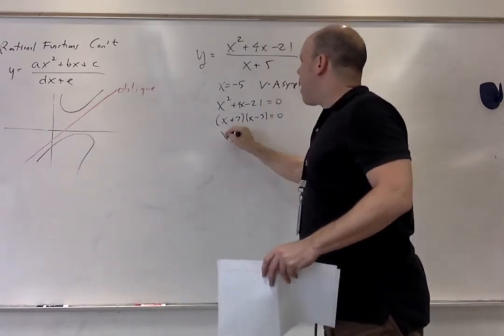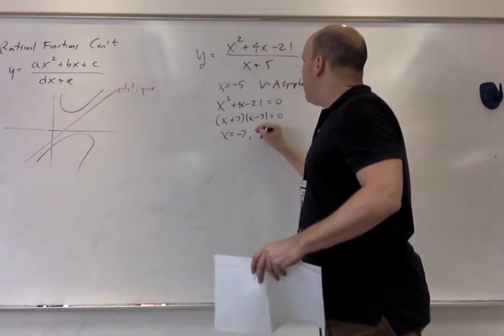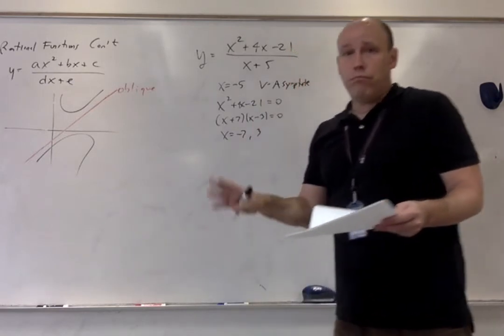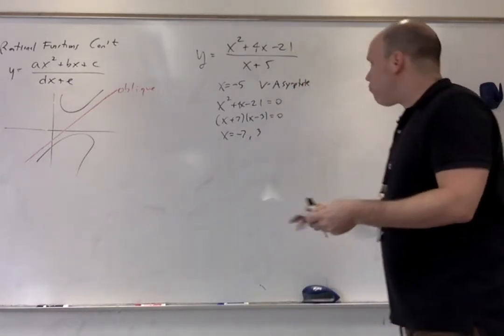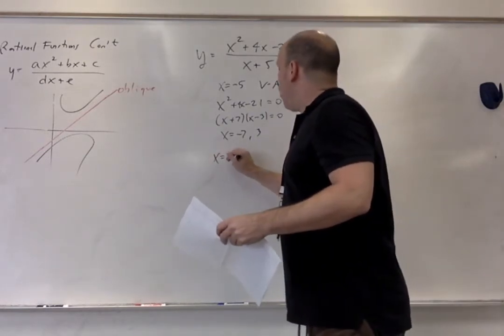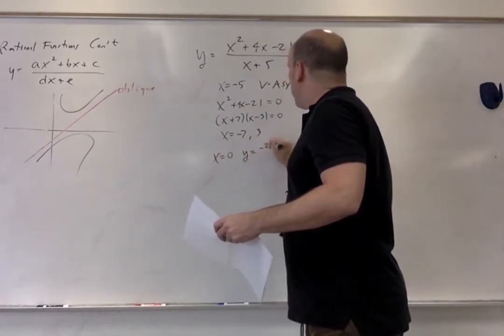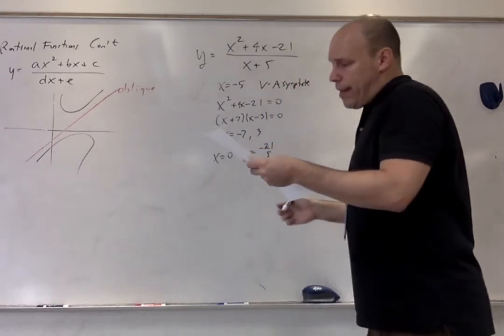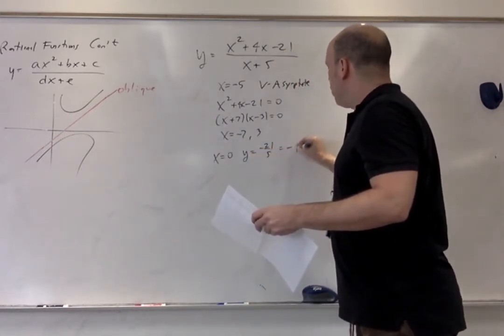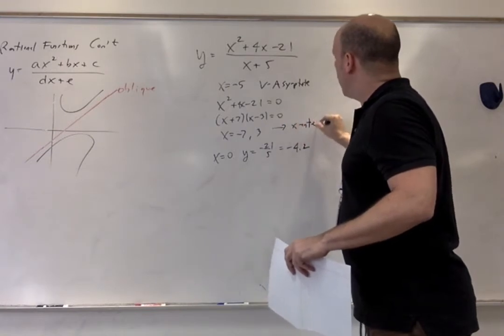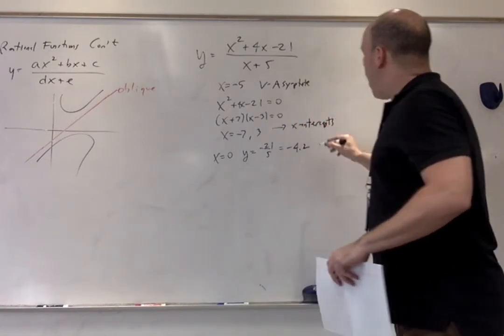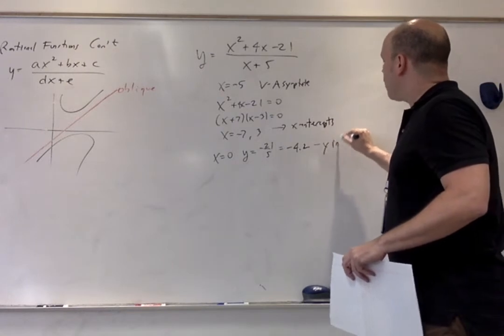X equals negative 7 and 3 are zeros. Okay, that's fine. When x is 0, y equals negative 21 over 5. That's negative 4.2. So these are my x-intercepts, and this is my y-intercept.